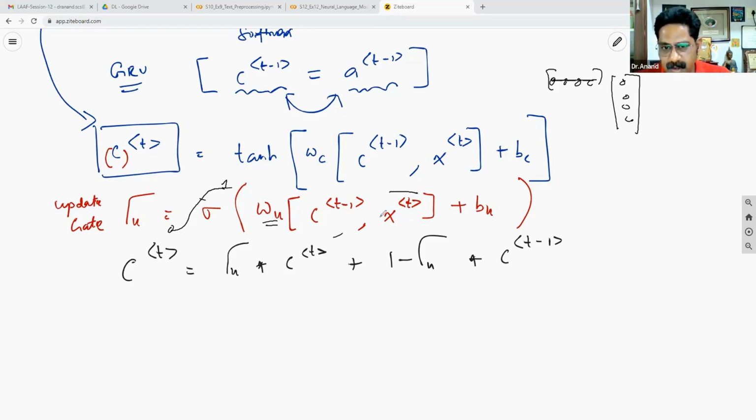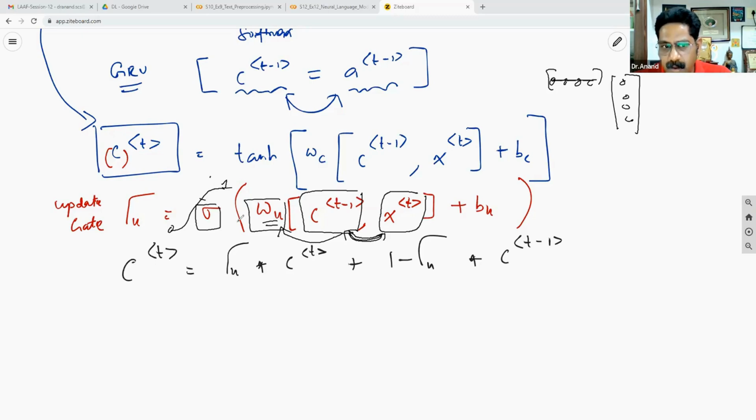Whenever you are taking the current token along with CT minus 1, which holds your past memory, and your current token and your past memory have a very high correlation effect with this weight matrix, that means the sigma of this is a higher value.